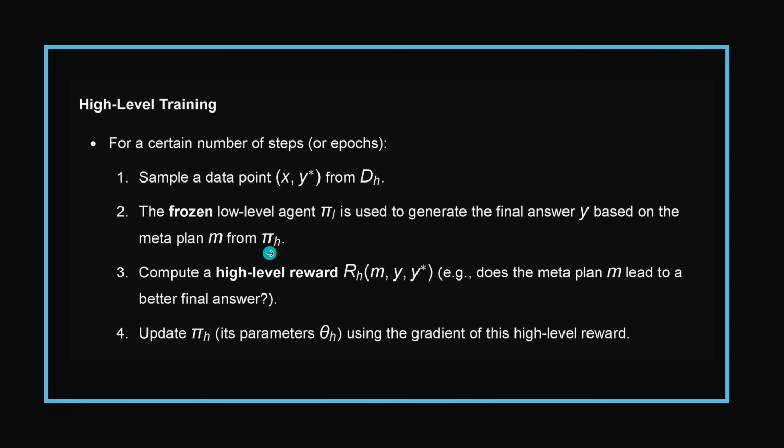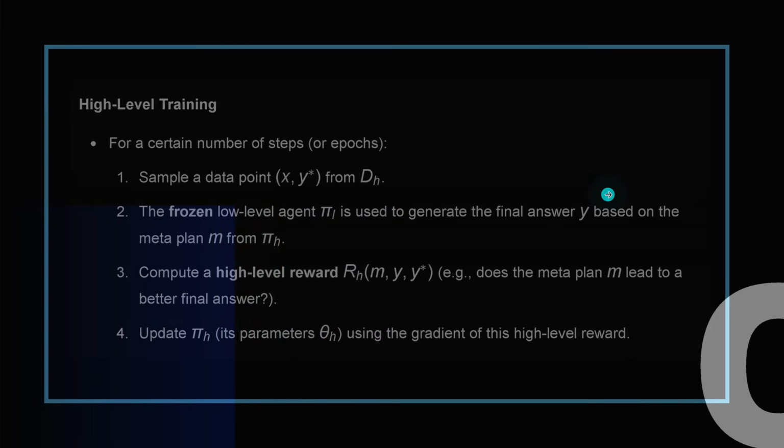And then we simply compute the high-level reward r high, having the meta plan, the result y, the ground truth y star, and this answers: does the meta plan m lead to the final answer? And then we simply update the policy and all the parameters theta h, using the gradient of this high-level reward. So you see, in words, it's also really rather simple to explain. And we just have to calculate somehow the gradient of a high-level reward function. This is all that we have to do, more or less, no?